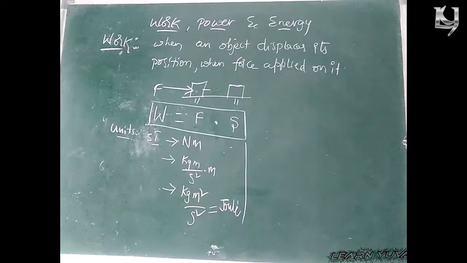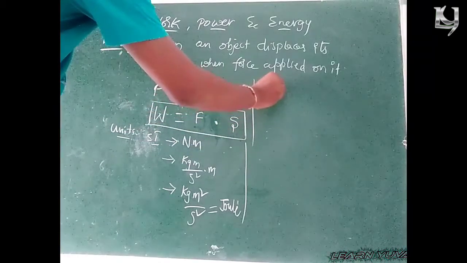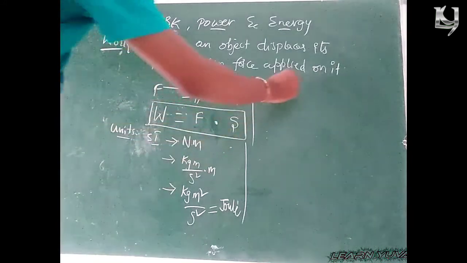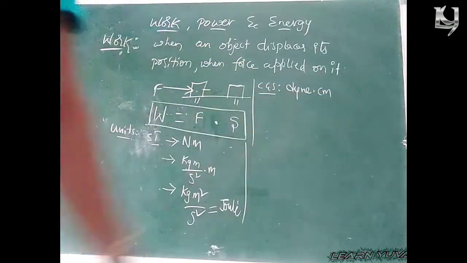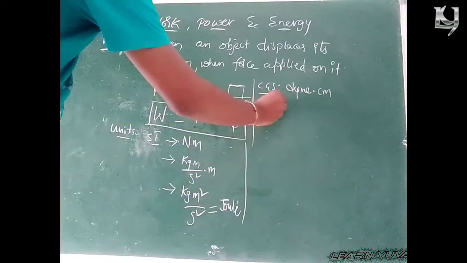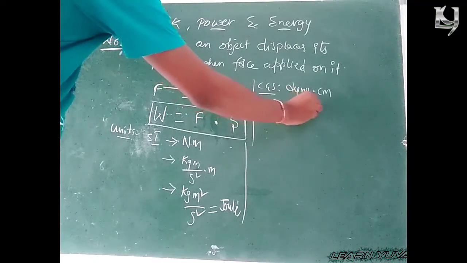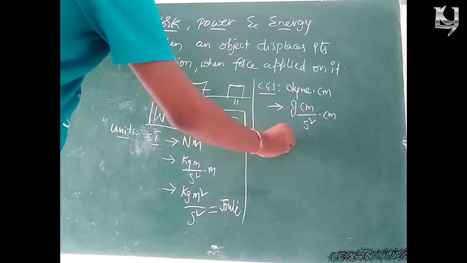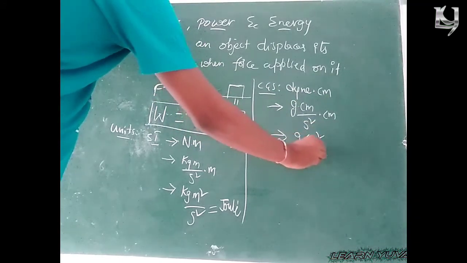Coming to the CGS units. Newton in SI is dyne in CGS, meter in SI is centimeter in CGS, so dyne centimeter. Dyne is gram centimeter by second square, into centimeter, so gram centimeter square by second square.